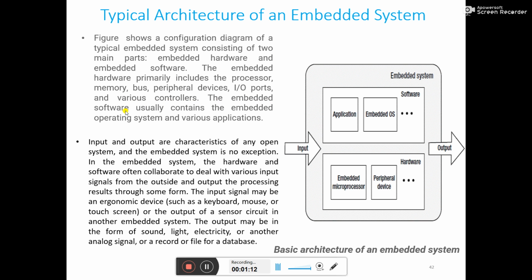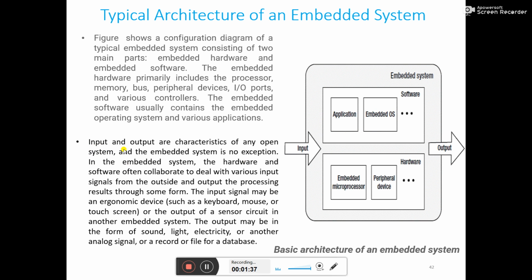The embedded software usually contains the embedded operating system and various applications. Definitely we have the embedded operating system or application specific software, which are very small, from a few lines to some hundreds of lines, available for the particular microcontroller or embedded system.